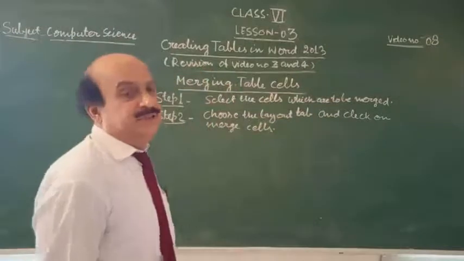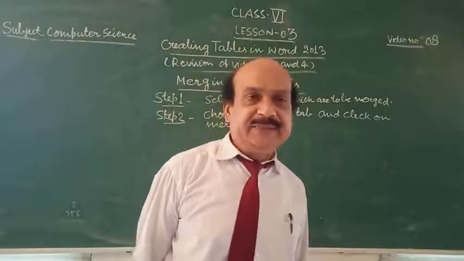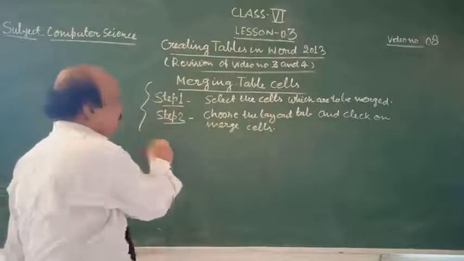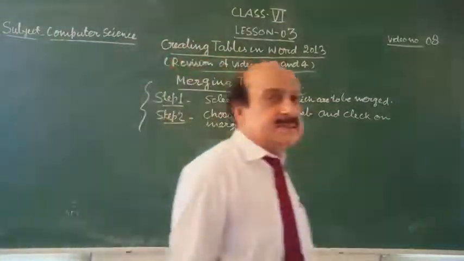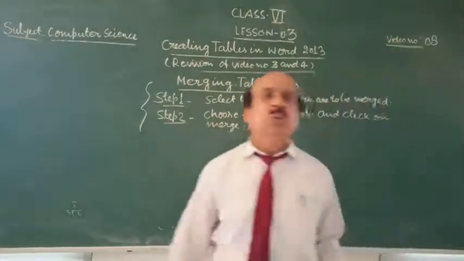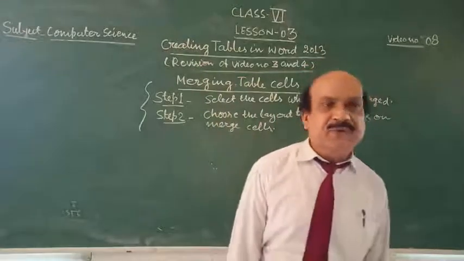Click on merge cells. And then what you will find? First of all, take here merging two cells. It means the data are enclosed in different cells and we are going to combine the data together in a single cell. So that is the merging of cells.